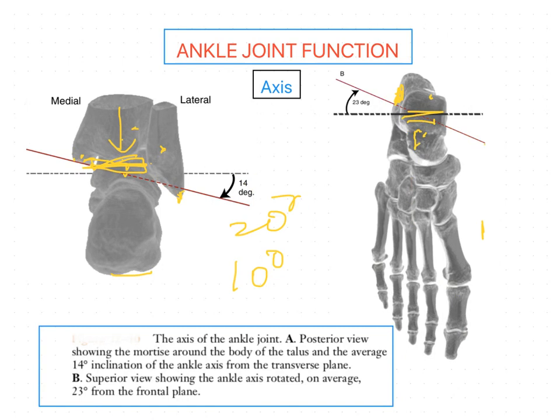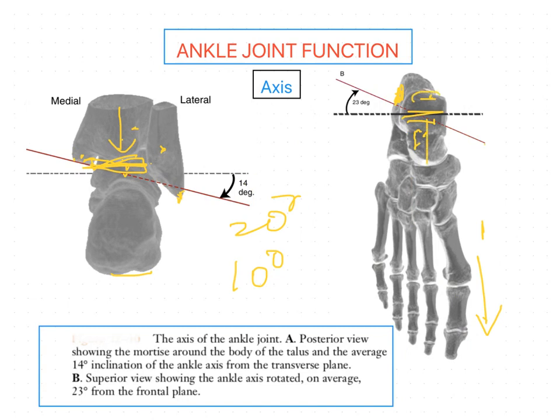When you compare the loose packed position of the ankle joint in plantar flexion, the narrower posterior body, plantar flexion meaning this downward move, then what happens? Normally we have already discussed that the head and body of the talus will move downwards.